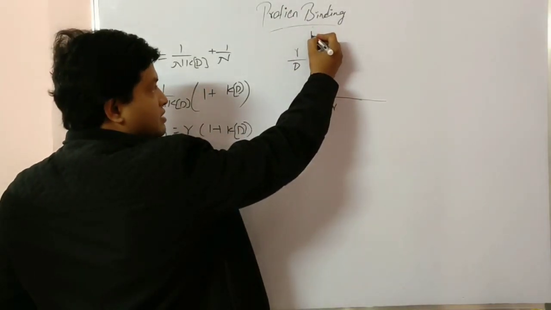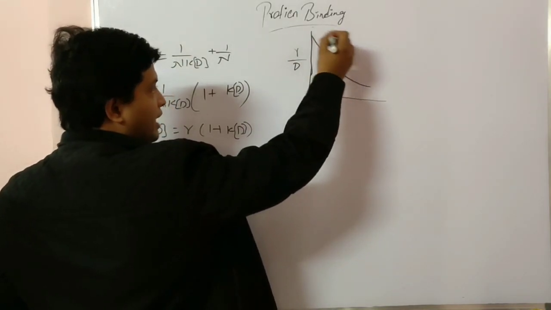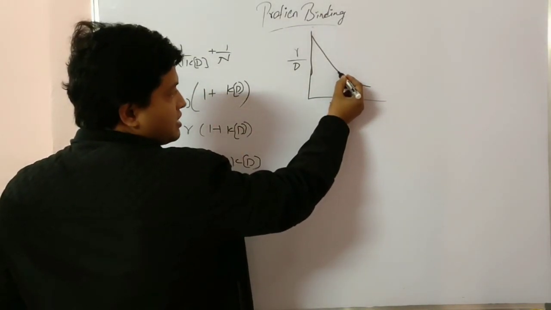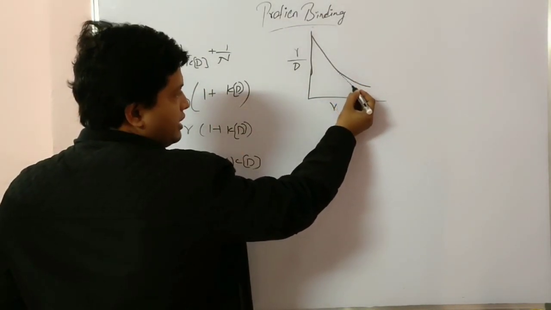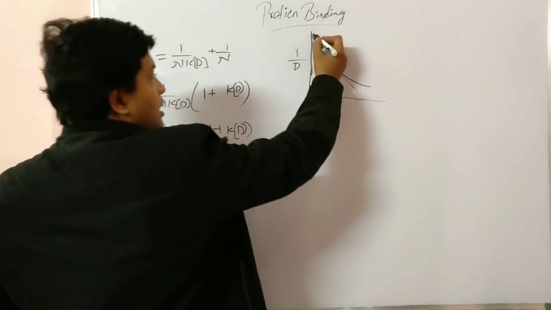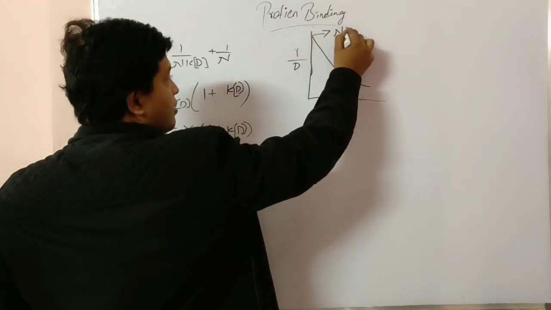The graph will be like this, something like this. Now, if the graph curves here, just extrapolate the straight line until it touches this. So this will be your n and k.